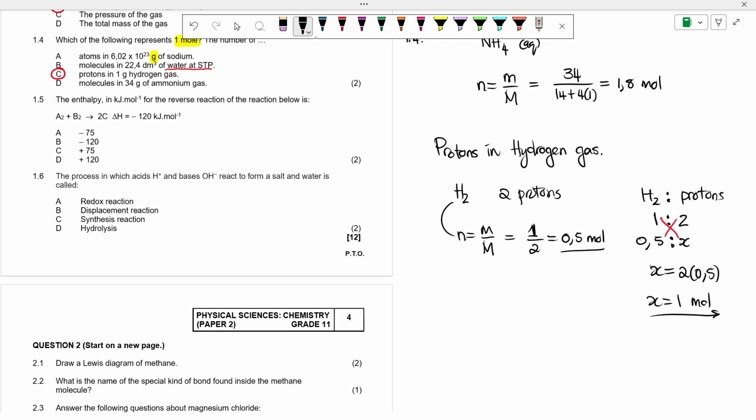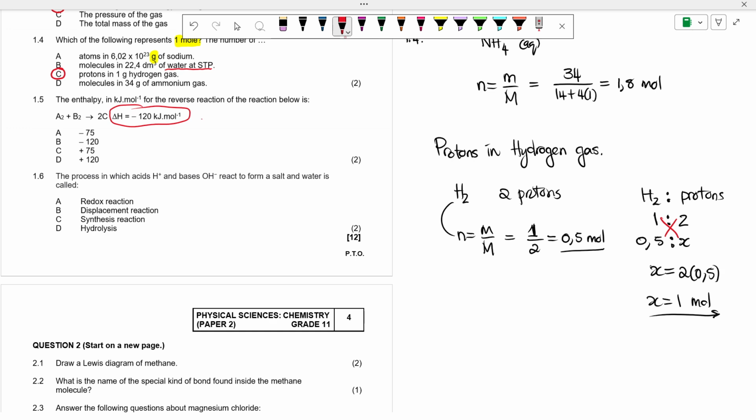So what is the answer? D. Why D? Because reverse, opposite signs. Remember the enthalpy that you get here is for the forward reaction. Do you agree? Yes, sir.